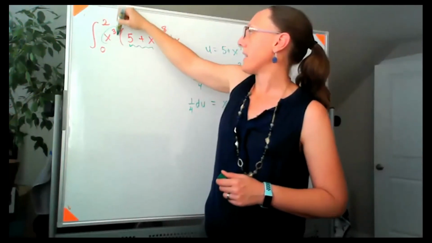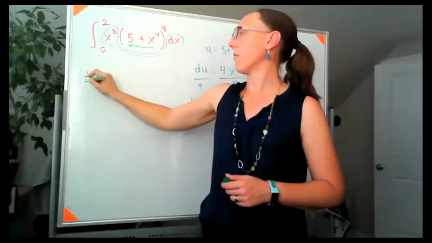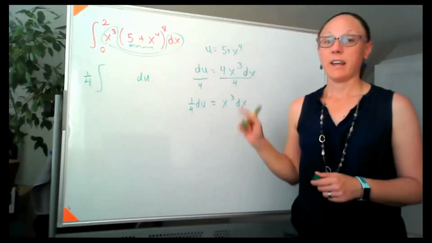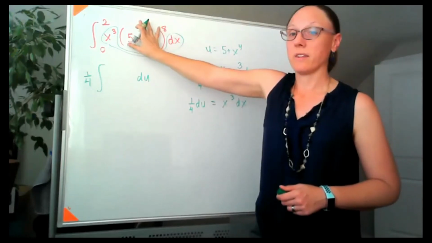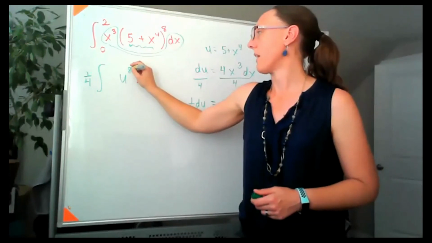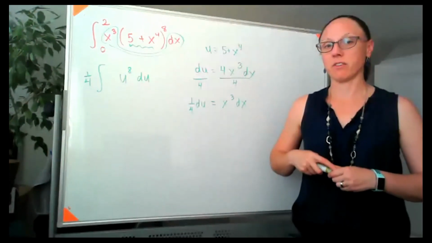And I can replace the x cubed dx with 1/4 du. Now that 5x to the 4th in parentheses, whole thing to the 8th power, becomes u to the 8th. But I have to be careful and change those limits of integration.